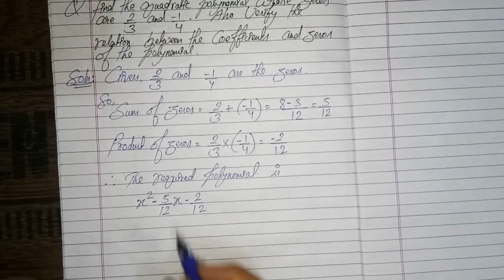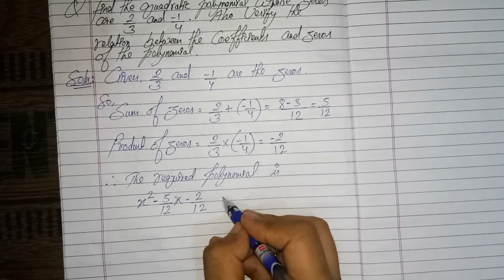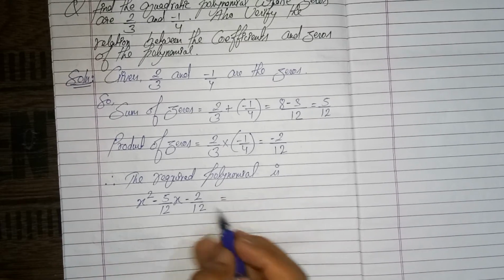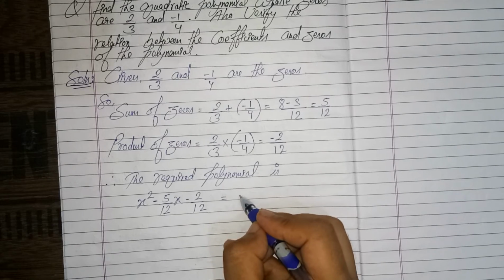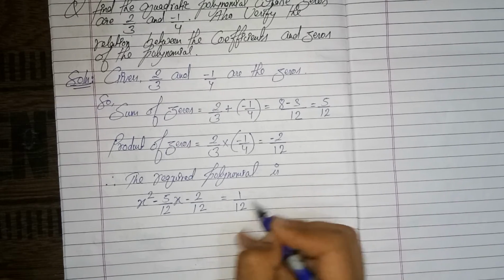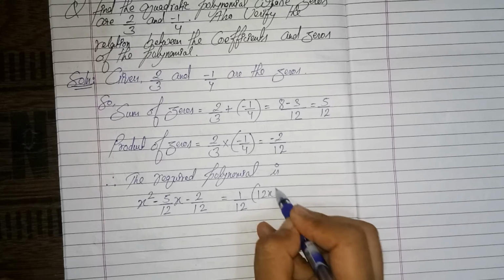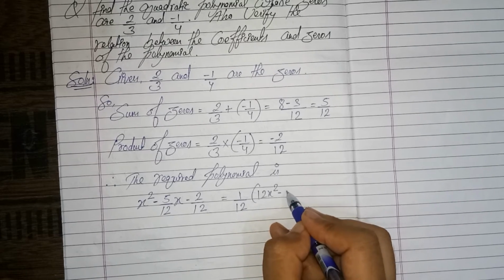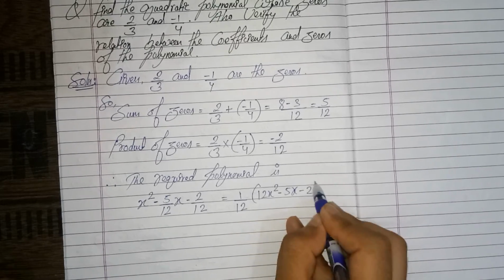So this is equal to, if I take the LCM of all these three terms, 1 by 12 times 12x square minus 5x minus 2.